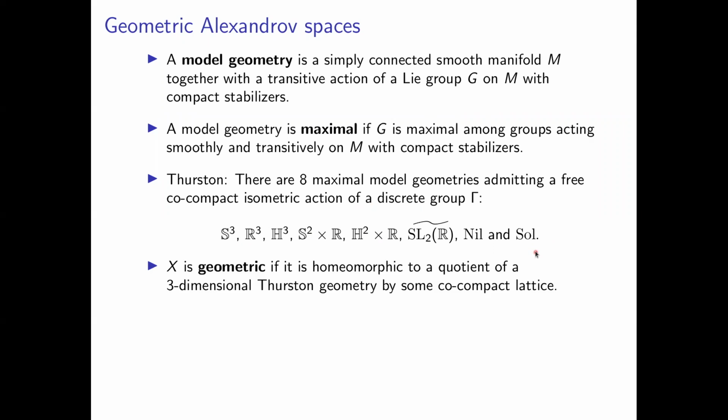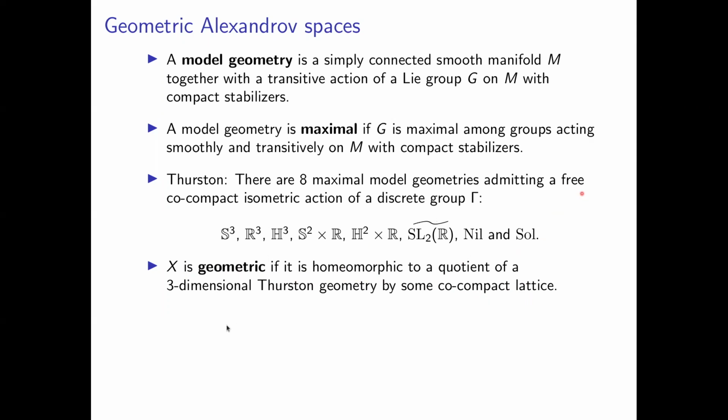Now for an Alexandrov space, we can also define what a geometric Alexandrov space is by saying it's homeomorphic to a quotient of one of these 3-dimensional geometries by some co-compact lattice. Here we're no longer asking that the action be free, so you could have either metric or topological singularities.